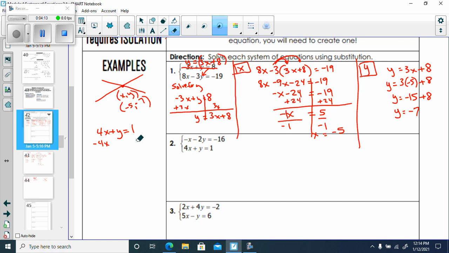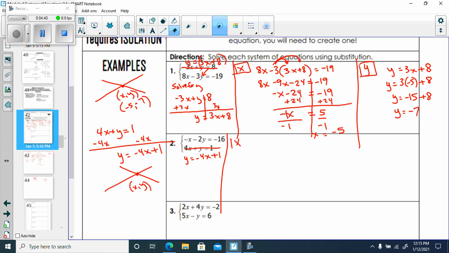I can subtract 4x from each side, and I get y is equal to negative 4x plus 1. So instead of this equation, I'm going to have y is equal to negative 4x plus 1. Now, to find x, because remember we're looking for where these two lines intersect, we're looking for the xy value here, this point.